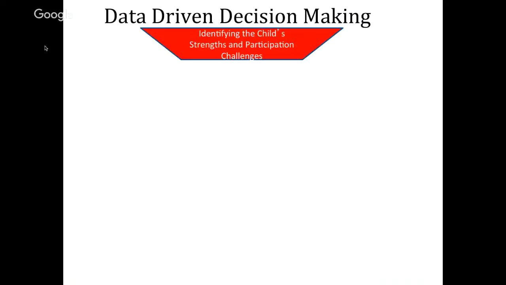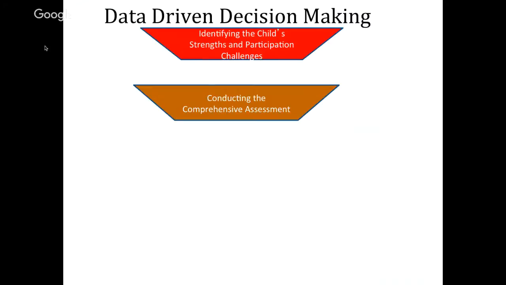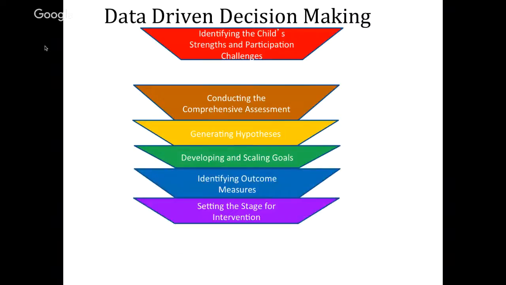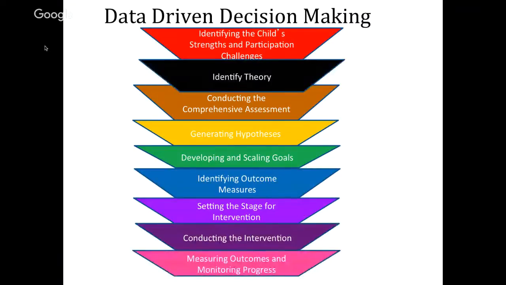The slide depicts the steps of the DDDM process, starting at the identification of the child's or client's strengths and participation challenges. And I'm going to load all of the steps first. From there, we will identify a theory that aligns most closely to our client's needs to guide our assessment and treatment, and we may have to consider more than one theory that we may use.